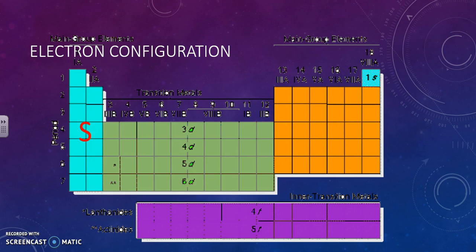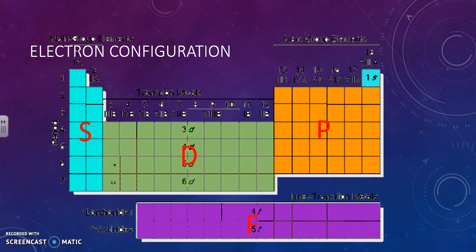Now please notice that helium, all the way over on the other side of the periodic table, is also labeled in this same color. Even though it's separated, it's still considered to be part of the S area. Next comes the P area. Then the transition metals are labeled as D, and then the rare earth elements down toward the bottom are known as F. And ordinarily we would kind of talk about them in this order: S, P, D, F.